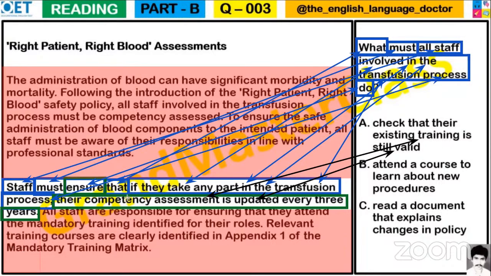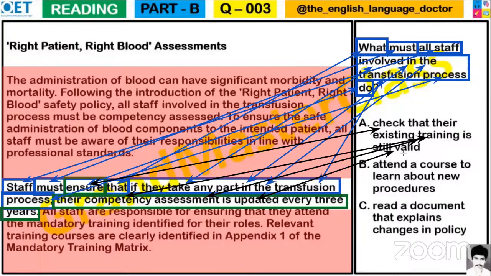Competency is for your training. After training, there will be assessment. Then they will say yes, that means valid. So you have to check. Check means ensure. Every 3 years, if you do not renew, it will become invalid.